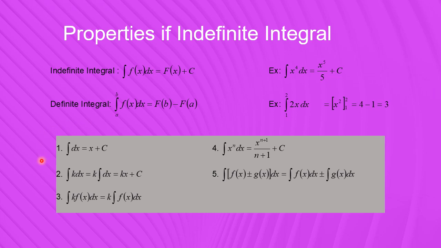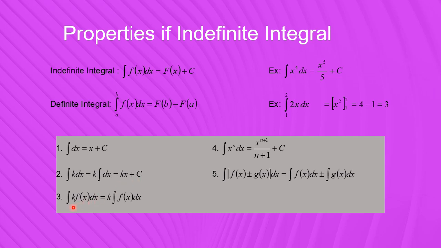Here are the properties of the indefinite integral. If we integrate dx, it means integrate 1 dx, which equals x plus c. If we integrate k dx, k is a constant, then we will get kx plus c.